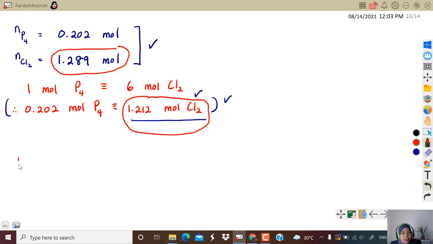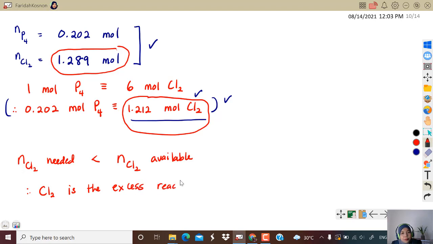So what we can say here, mole of chlorine needed is less than mole of chlorine available, ataupun given. Jadi maksudnya ada bakilah. Sebab nak perlu banyak ini sahaja, tapi saya ada lebih daripada yang diperlukan. Therefore, chlorine is the excess reactant, while P4 is the limiting reactant.